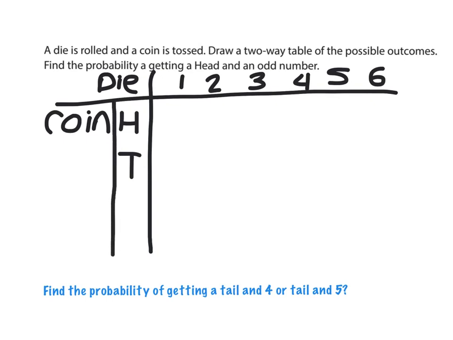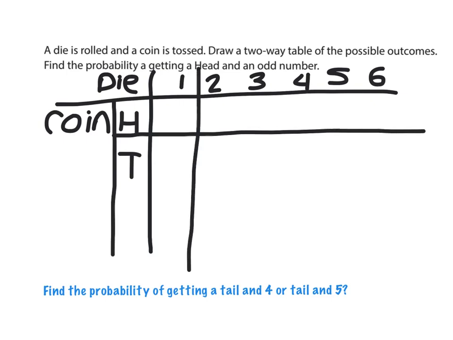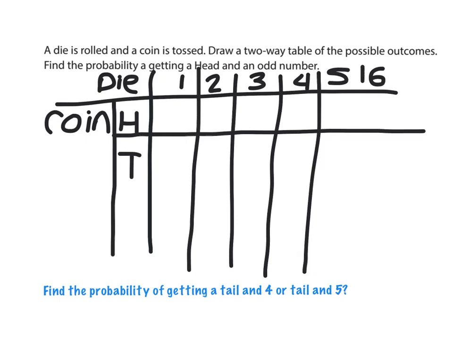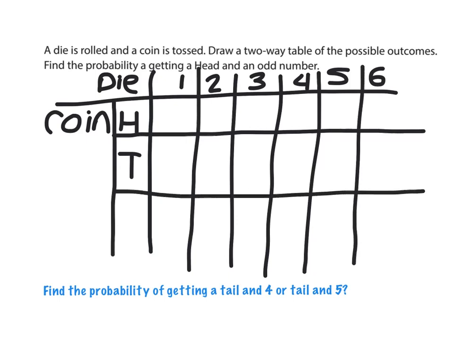Okay, so let's fill out my table now. I'm just going to draw my boxes to make it a little bit clearer. Down, down, and another one here. Okay, so my first box, H1, I'm going to write there.